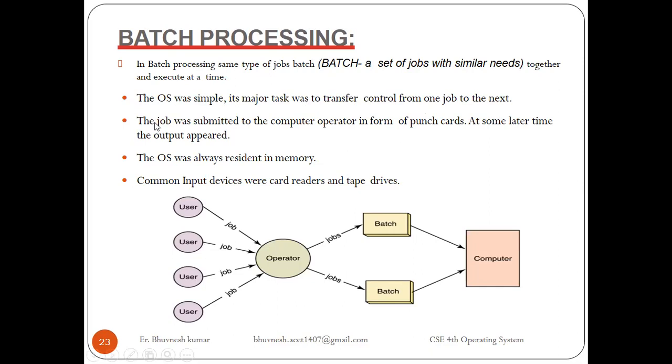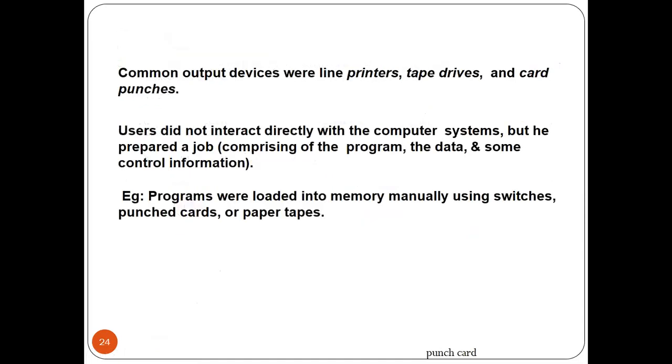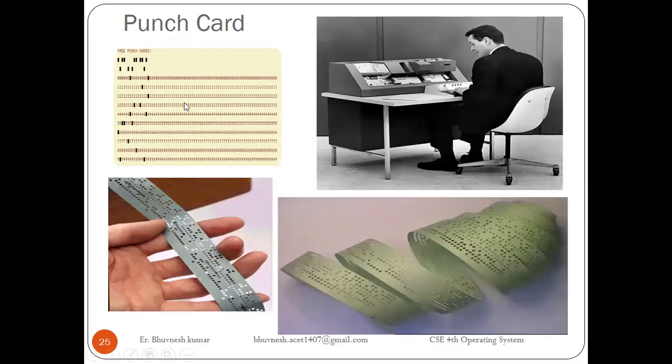The job was submitted to the computer operator in the form of a punch card. The card is there, and on that card, punches are made. I will show the image of how it looks. These punches are made on your punch card, and this is where the actual code is.